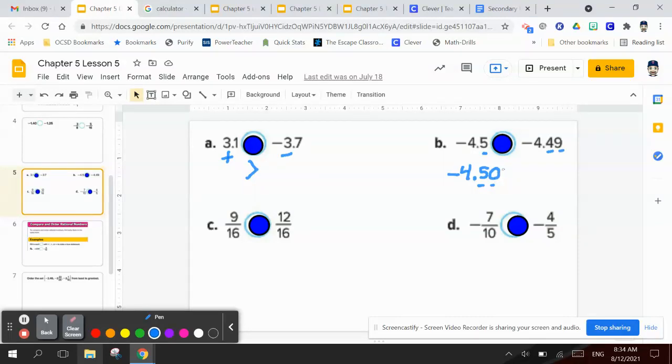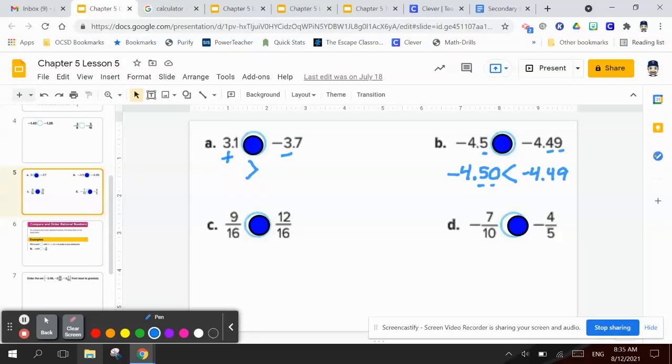So now look at these numbers, 450, 449. They're both negative, so which one is closer to 0? That's correct. 449 is closer to 0. So negative 4 1/2 or 4 50 hundredths is less than negative 4 49 hundredths.